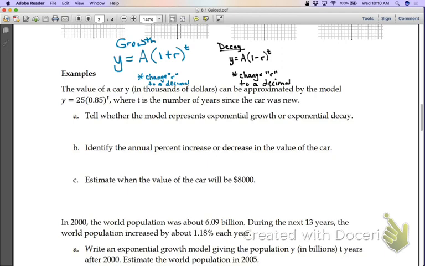If I lose $4,000 the first year of owning a vehicle, am I going to lose $4,000 every year? No, why not? Because at some point I'm going to have to pay somebody else just to give them my car, right? It's always going to go back to whatever that new year is, that's my new value of my car.